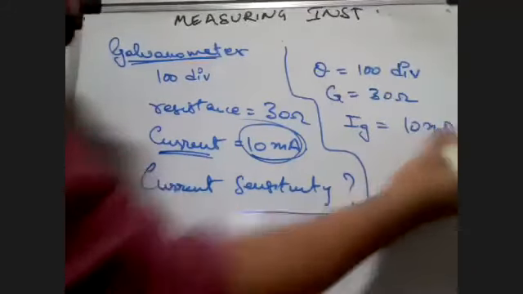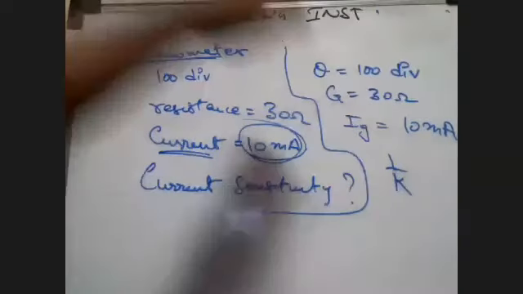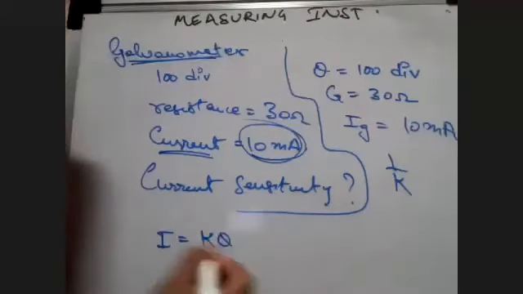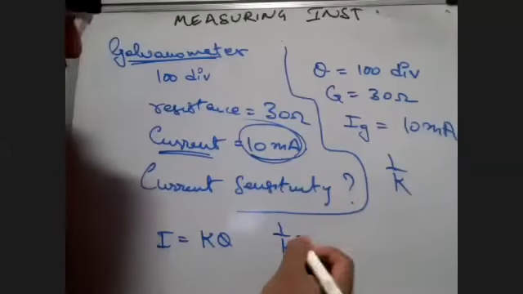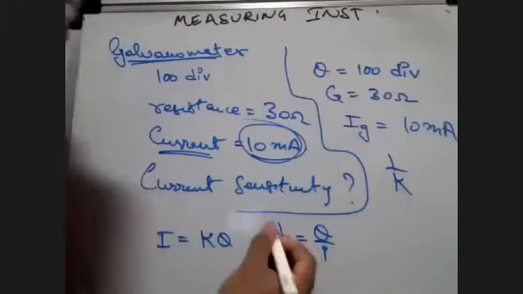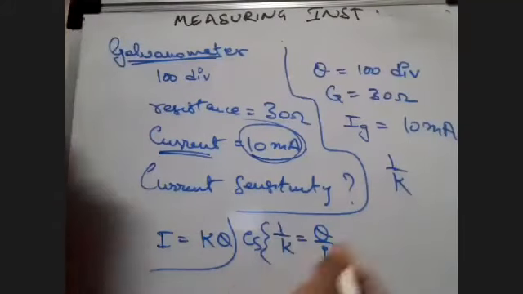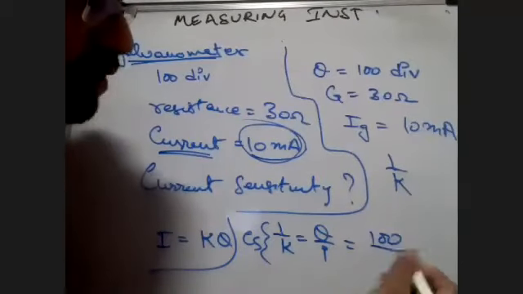All they are asking is the current sensitivity, that is 1 by K. You know that I is equal to K times theta, so 1 by K is equal to theta by I. 1 by K is my current sensitivity, so all I have to do is theta by I, that is 100 by 10.